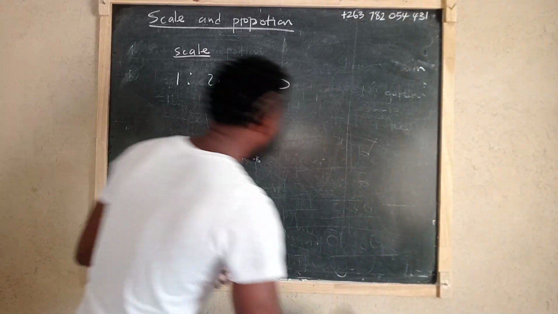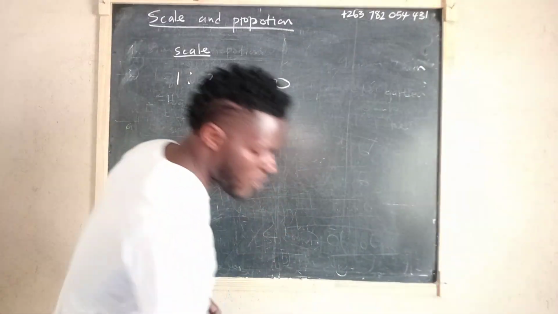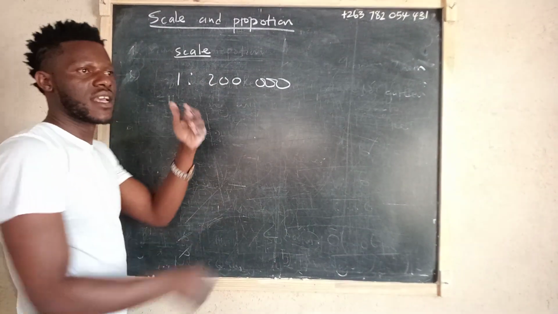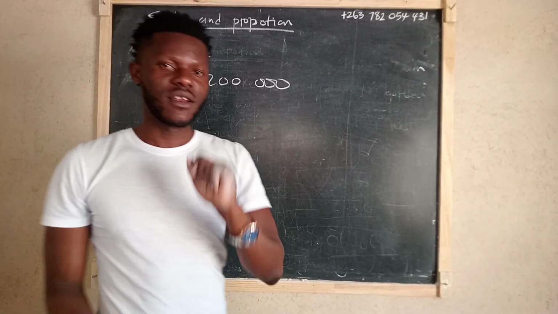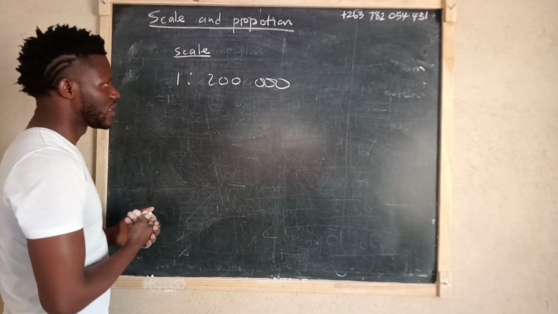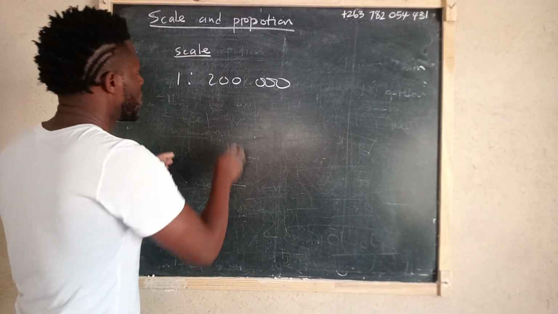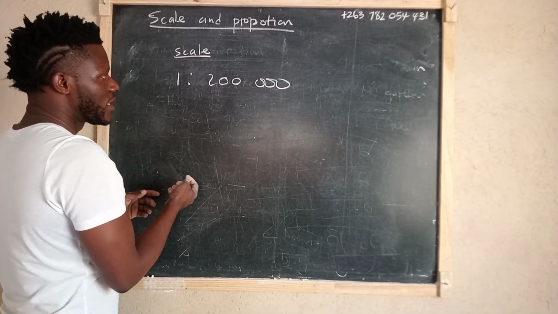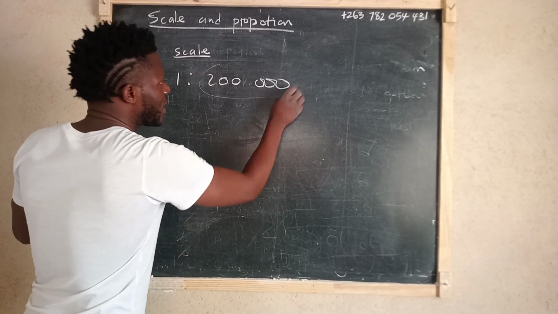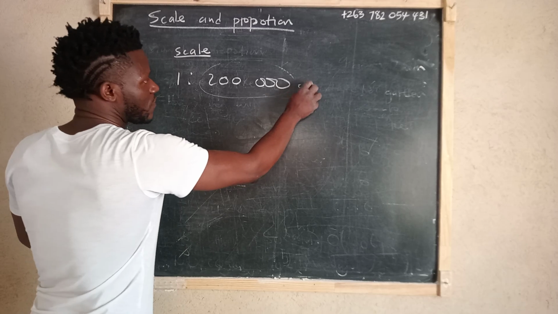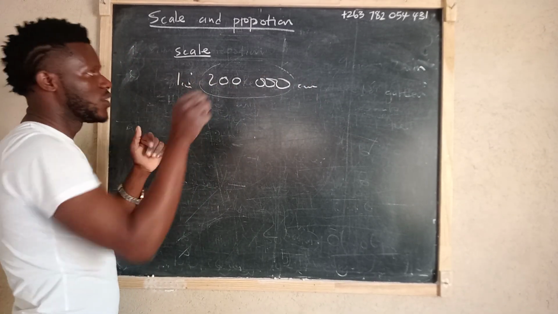So in most examination situations, we will be required to express actual lengths in kilometers. So what you do first, before you get into the questions to do with the scale, is convert the ground length from centimeters into kilometers.